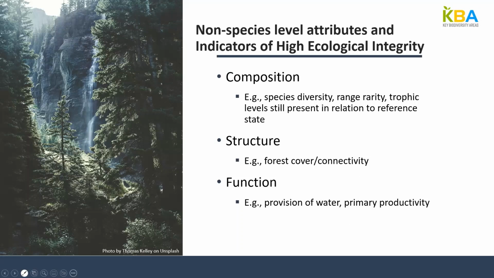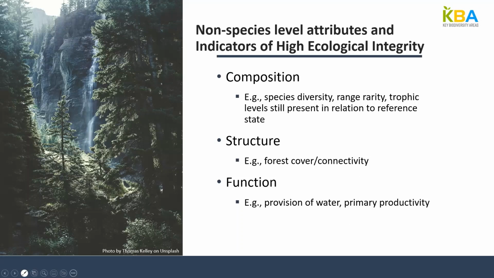To demonstrate structural integrity, you can use remote sensing to calculate the forest cover and or habitat connectivity, or you can use movement patterns of GPS-tagged individuals, especially, again, the area-demanding species.